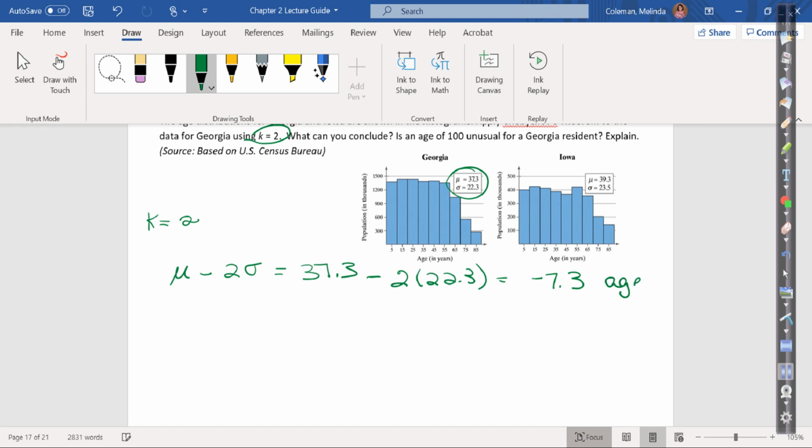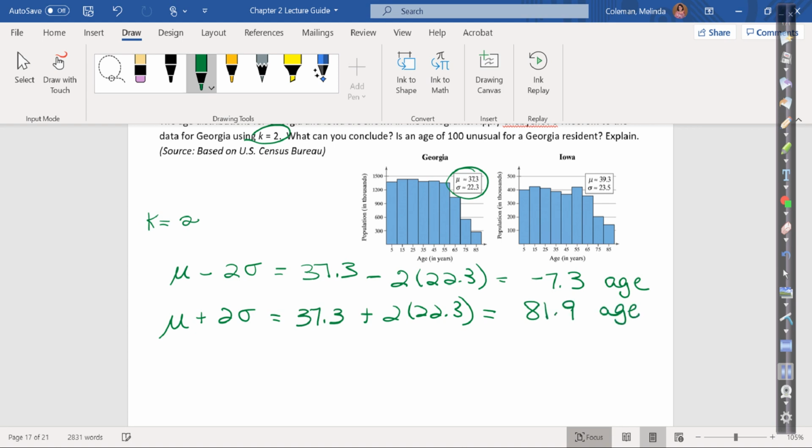This is an age, remember, so we'll talk about that in just a minute. Then, if I take the mean plus 2 standard deviations, I'd have 37.3 plus 2 times 22.3, and that's 81.9.